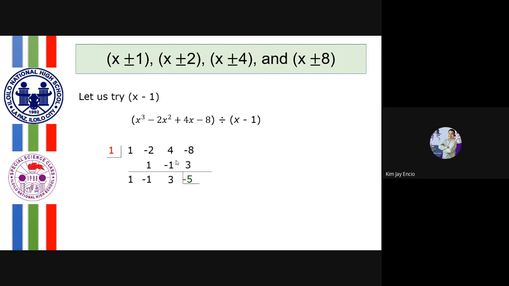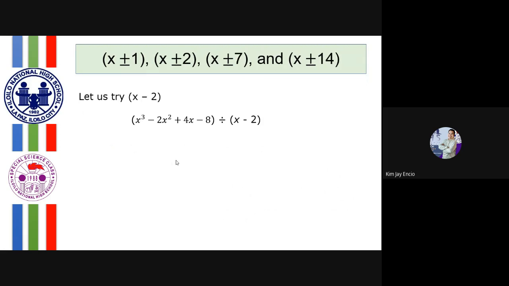We have negative 5. All right? And still, x minus 1 is not a factor. This is troublesome sometimes with this method because you might not be able to get the factors or the roots right away. So let's have another one.